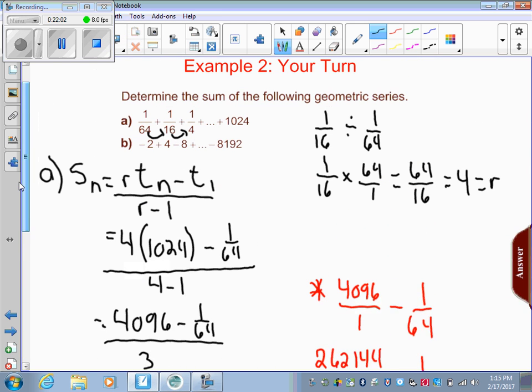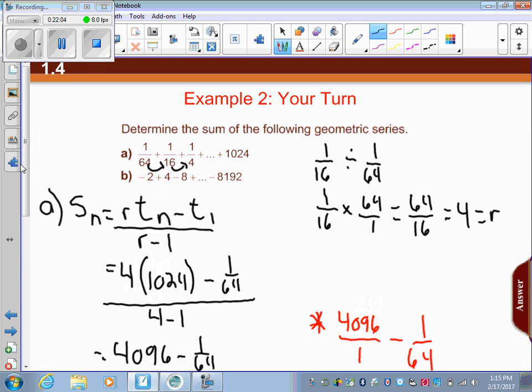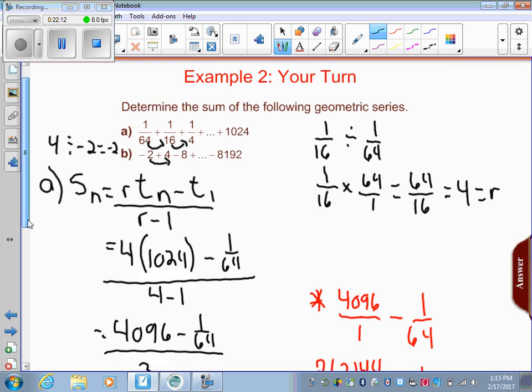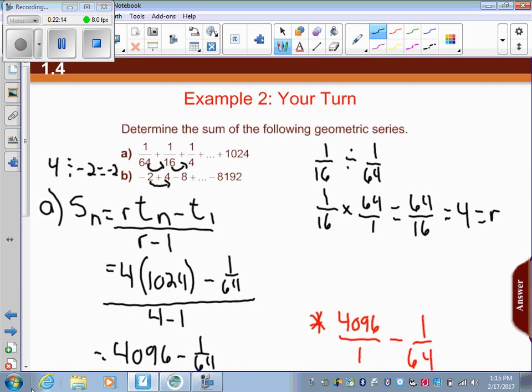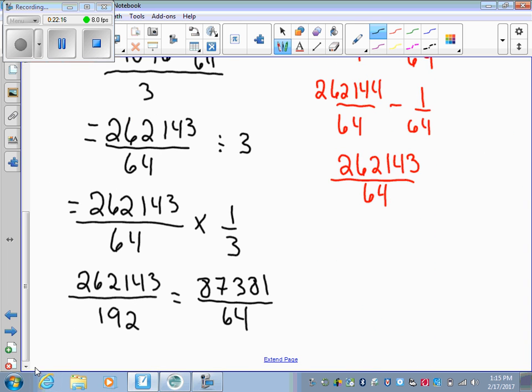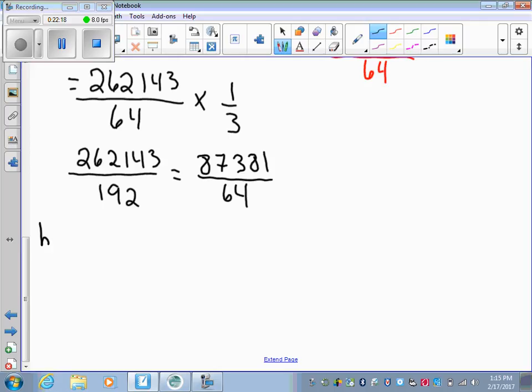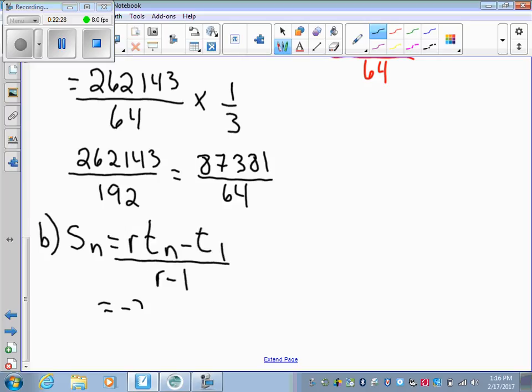And we have part B. Our ratio here is going to be 4 divided by negative 2, which is negative 2. Okay, so again, we're using this formula where we don't know the number of terms. We know our ratio is negative 2.